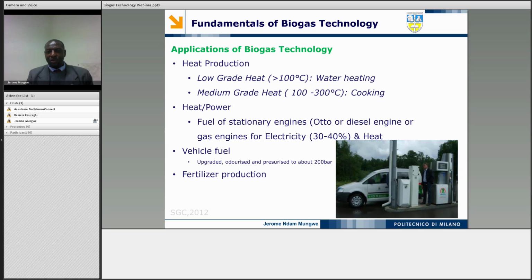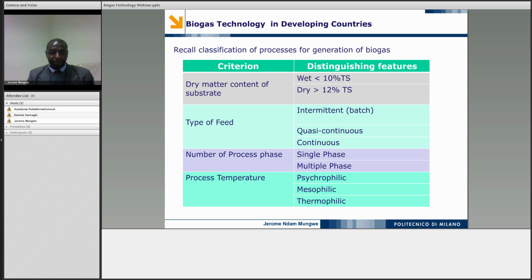The biogas can also be upgraded to fuel in vehicles for transport. Of course, the slurry that comes out of the biogas plant is a very good soil conditioner, so it can be used as fertilizer. Now we are basically through with the first part of our presentation.